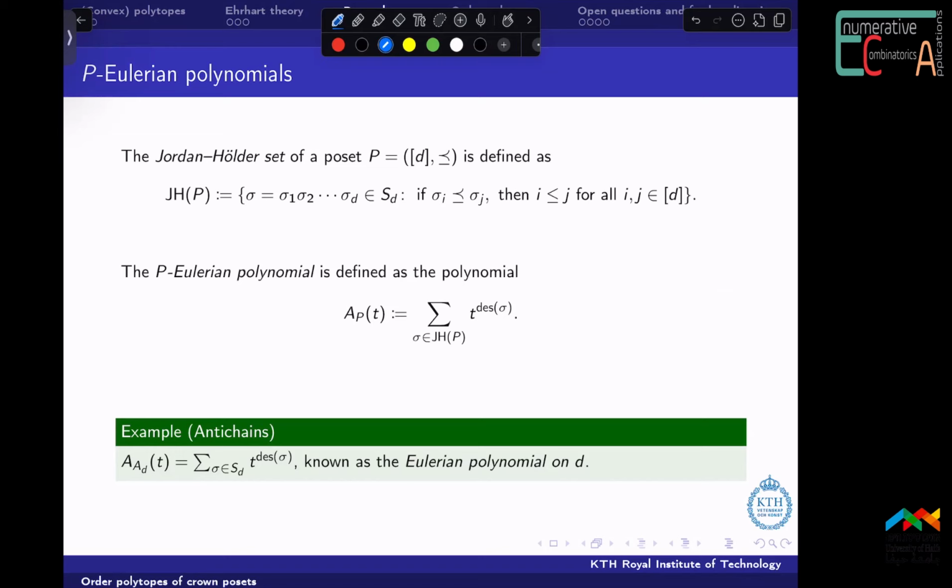An interesting fact is that this polynomial is real-rooted, and I'm going to talk a little bit about real-rootedness at the end of this talk.